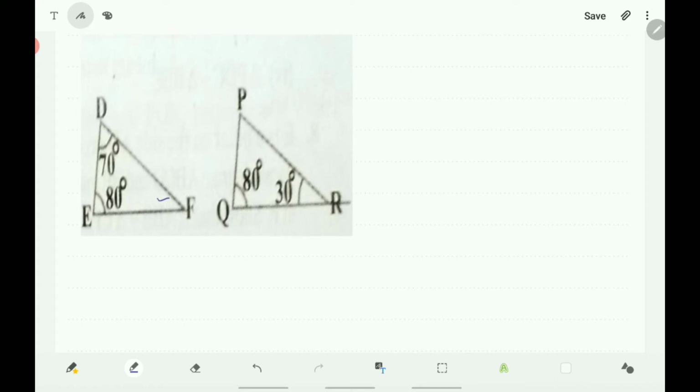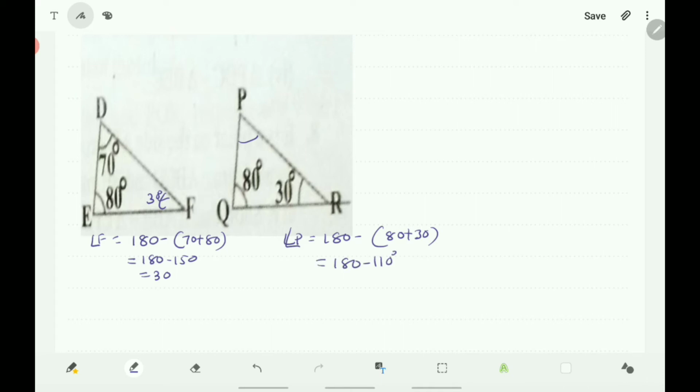Angle F is equal to 180 minus the sum of the other two angles, that is 70 plus 80. So 180 minus 150 you will get 30 degree. Next, in triangle PQR, angle P is equal to 180 minus the sum of the other two angles, that is 80 plus 30. So it is 180 minus 110, which is equal to 70 degree.